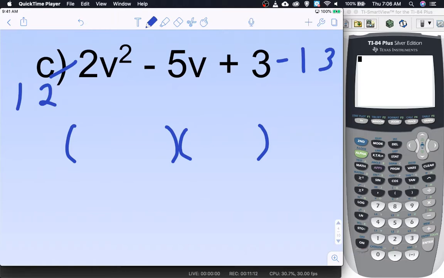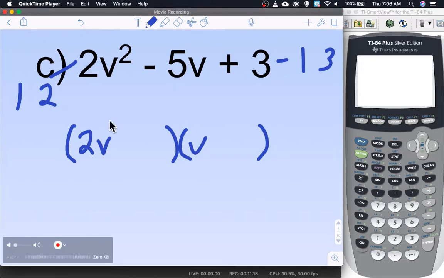So let's see. I like to put the 2 one first. 2v times v. I mean, the order here doesn't really matter. The order of the next one matters more. I mean, it has to be the right combination. Like, there's only one way you can arrange the 2v and whatever this other number is.